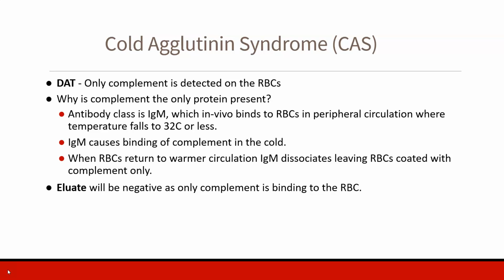When the red cells return to the warmer circulation of the body, the IgM dissociates, leaves, and then what remains is only complement. Because complement is the only protein coating the cells, the eluate will be negative, as only complement is binding to the red cells. So I want you to study this a couple of times because it's really cool and it allows you to make sense as to why complement is the only protein coating the cell.